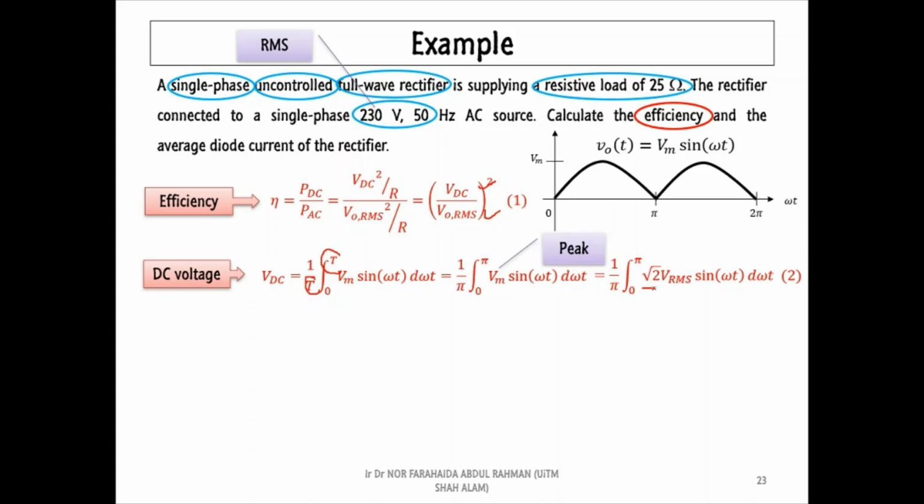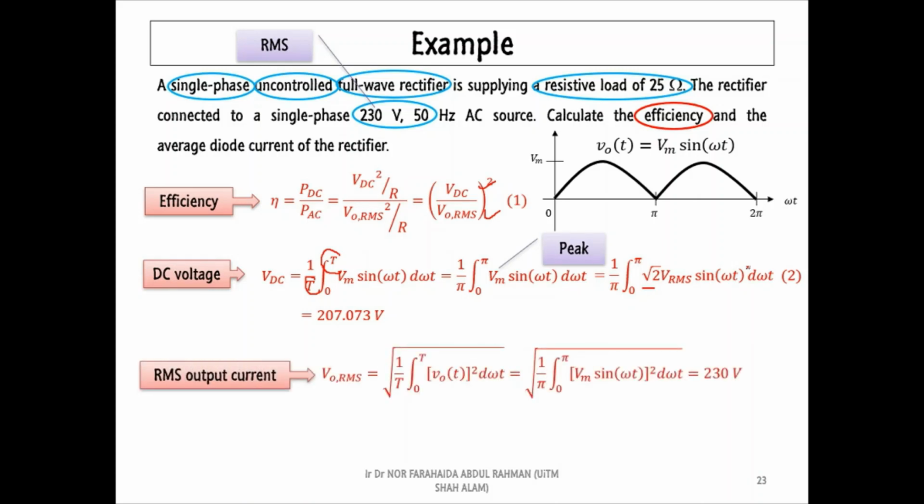Lastly, we can use a calculator to calculate the answer. Next step is the calculation of the RMS output voltage. As usual, always start with the general equation and apply this equation using the calculator. Once we have all parameter values, we can solve equation 1 and find the answer.